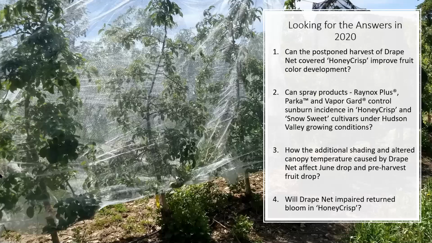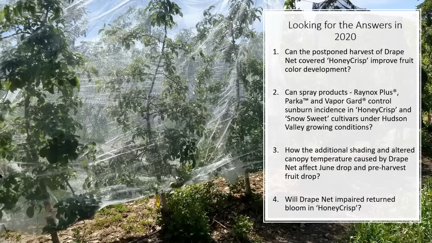So our goals for 2020 were to investigate whether postponed harvest of drape net covered Honeycrisp can improve fruit color development. Also, can the spray products Rain-X Plus, Parka, and VaporGuard control sunburn incidence in Honeycrisp and Snowsweet cultivars under Hudson Valley growing conditions, and how the additional shading and altered canopy temperature caused by drape net affect June drop and pre-harvest fruit drop.